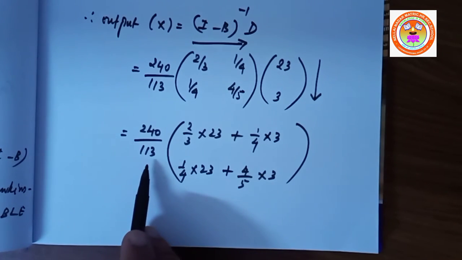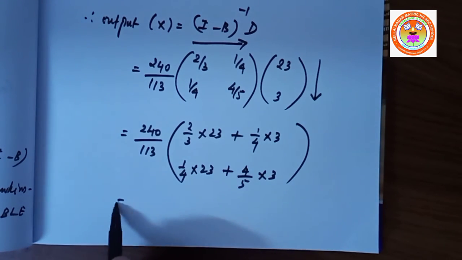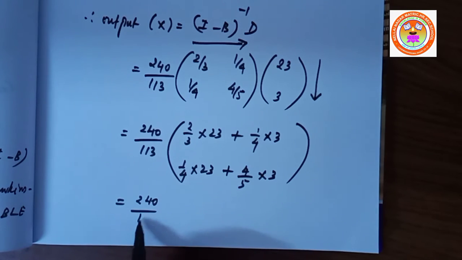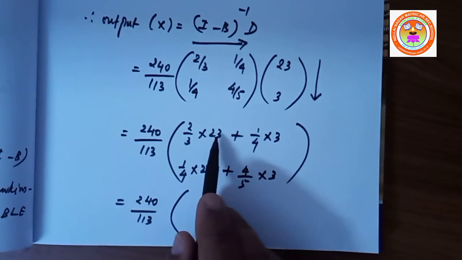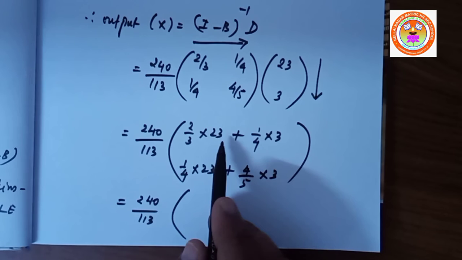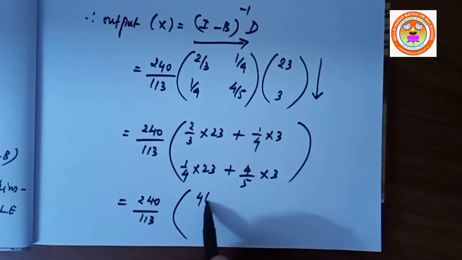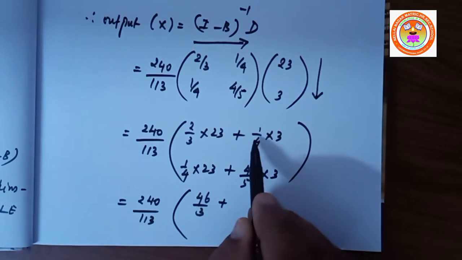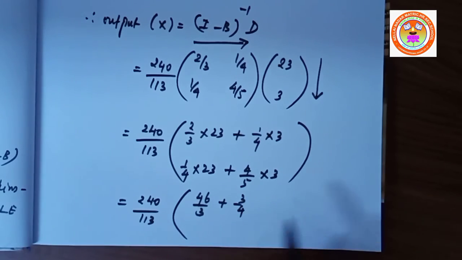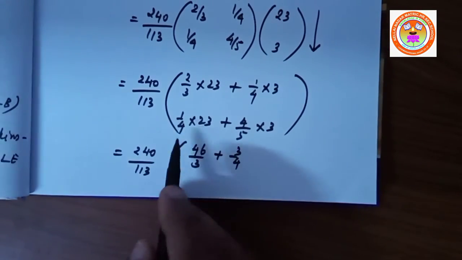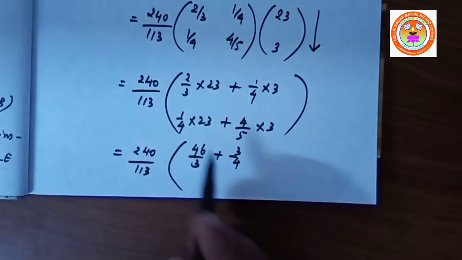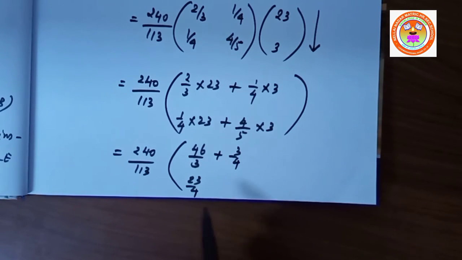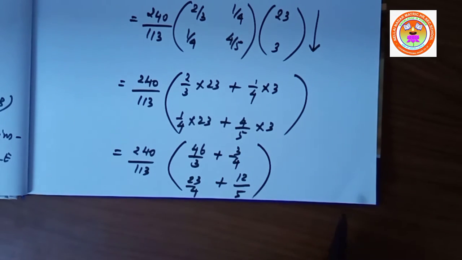That is equal to 240 divided by 113 as it is, into: multiply 2 into 23, that is 46 divided by 3, plus 1 into 3, 3 divided by 4. For the second row, 1 into 23, 23 by 4, plus 4 into 3, 12, 12 divided by 5.